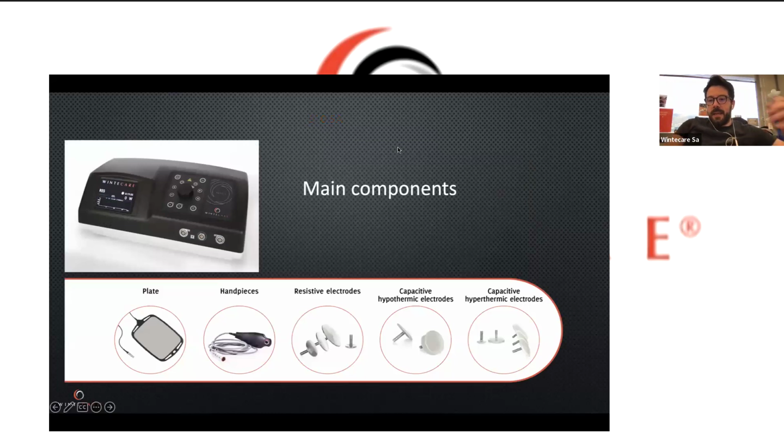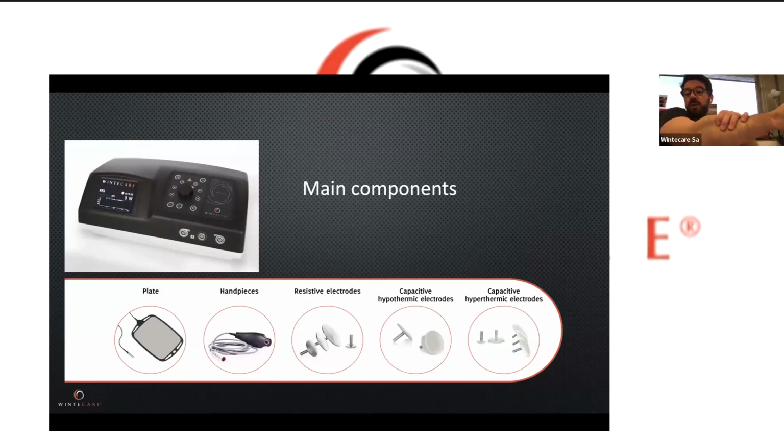T plus, the setup is the generator, the plate, the hand pieces, the resistive electrode, hypothermal electrode, hyperthermal electrode in capacity. One of the huge advantages of T plus is that the capacitive, even in the standard set, can be used without cream. What is the advantage? Not just that you're saving some cream, but that you can have a better grip on the skin.